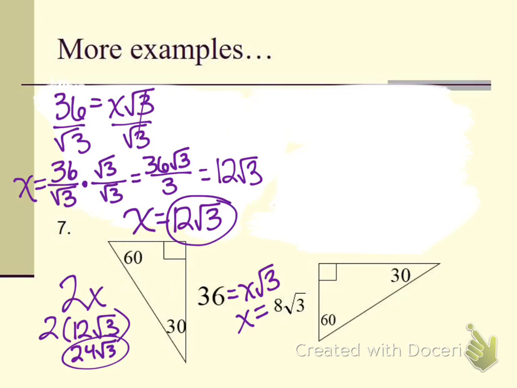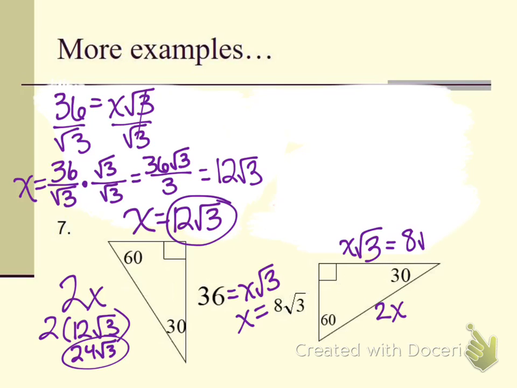X equals 8 root 3. Across from the 60, we should label it X radical 3. Go back to that diagram every time. Across from the 90, we should label it 2x. This one should be a little bit easier because we already know what x equals. We just have to plug it in.